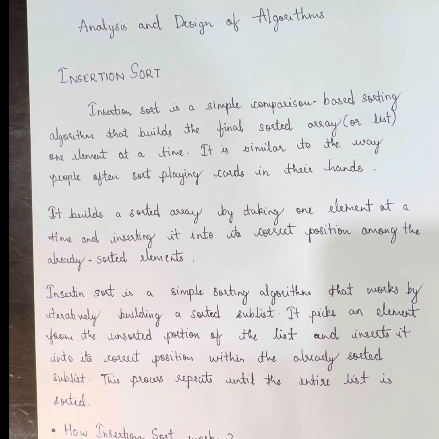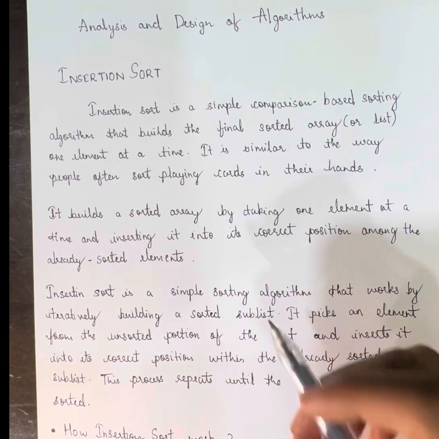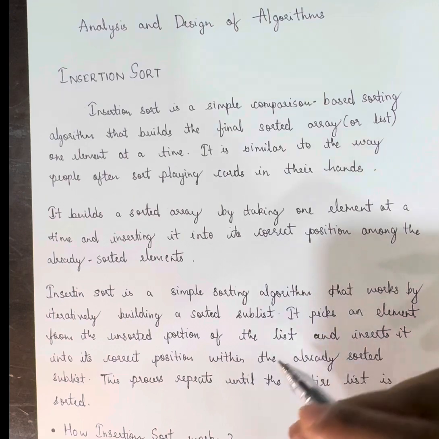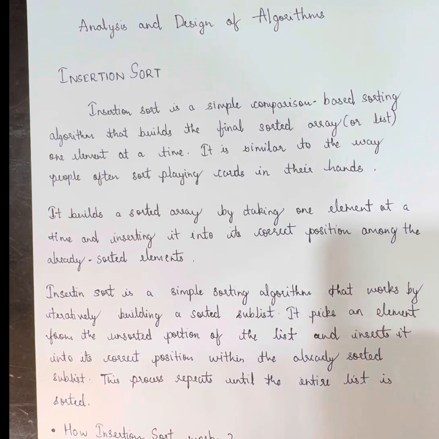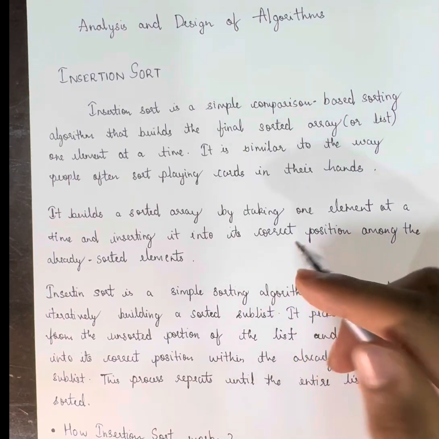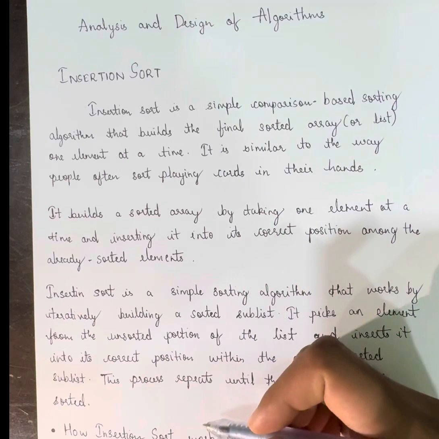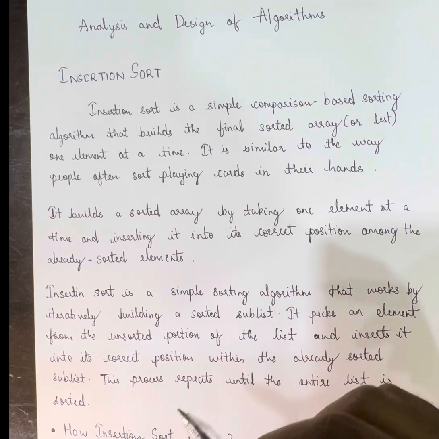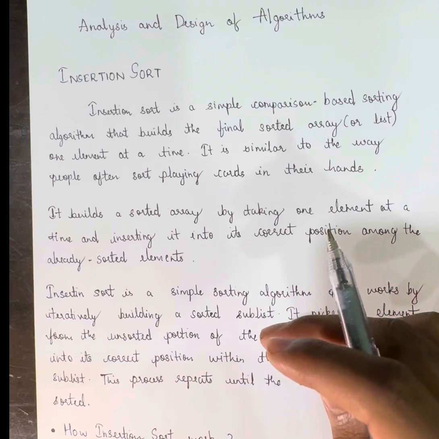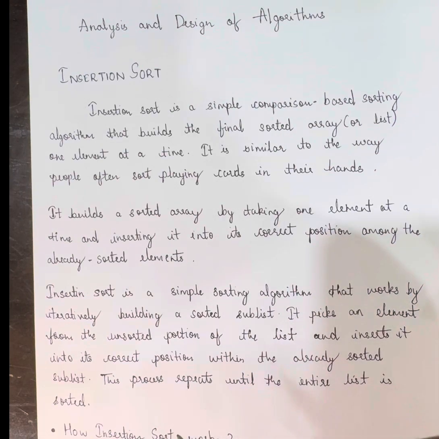Let's define what we mean by input and output in this context. The input is an unsorted array or a list of elements. The output is the same array in non-decreasing order.